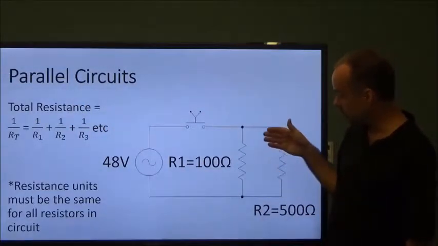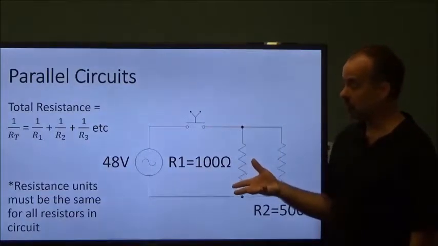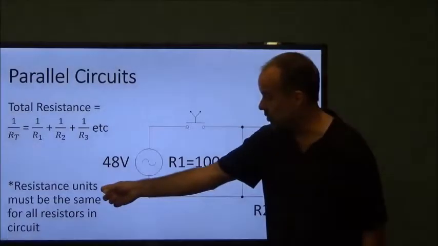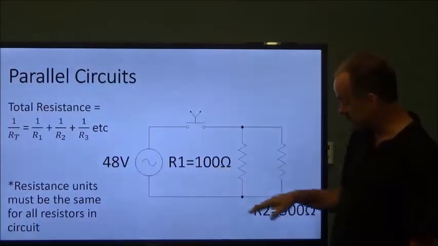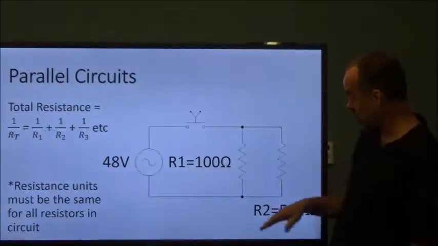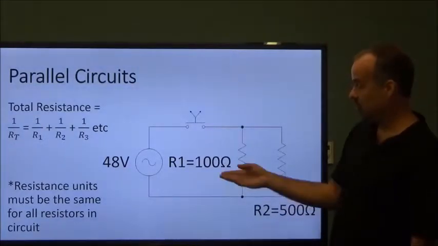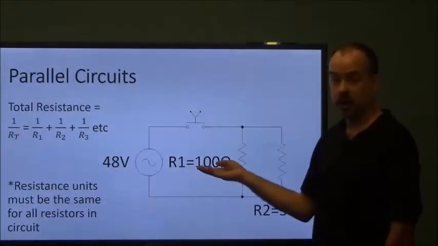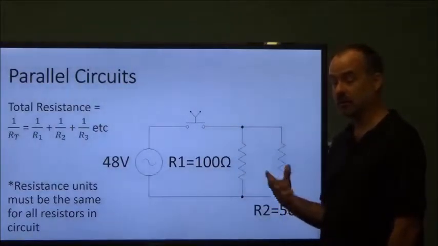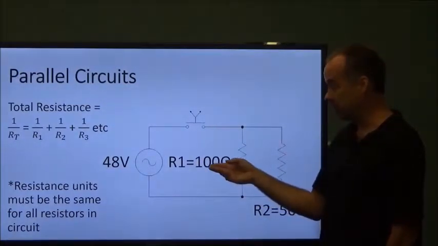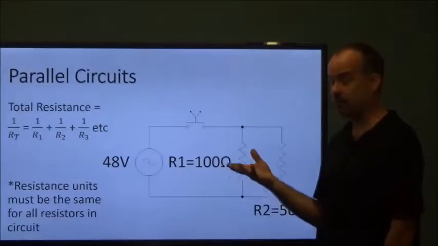Just as a note, if you remember when we did capacitance, the units must be the same for all resistors in the circuit. In this particular case they are. I have a 100 ohm and a 500 ohm. But if this was, say, a 100k ohm and this was a 500 ohm, they would need to be converted to be in the same unit, whether it be the base unit or the K prefix.